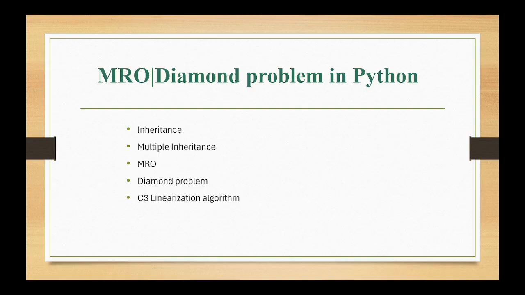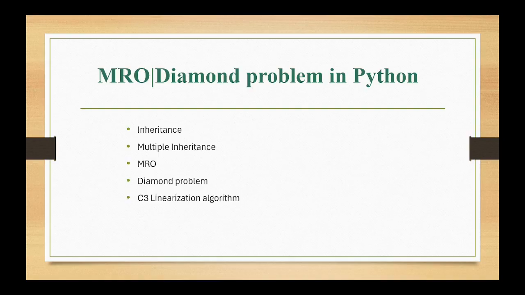In this video, you will get a basic knowledge of how MRO is decided using the C3 linearization algorithm. In detail, we will prepare another video for that. In this one, the main focus is the MRO and the diamond problem, so you will learn how the problem is resolved.